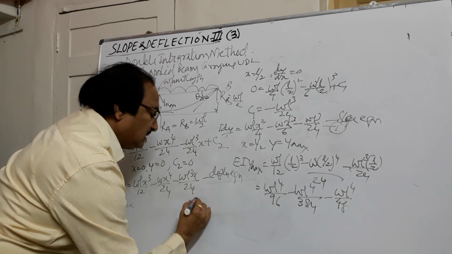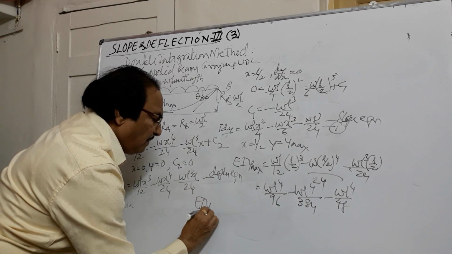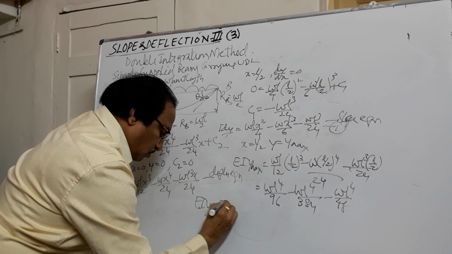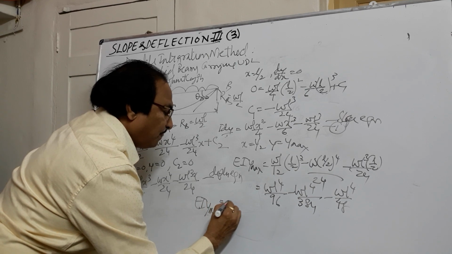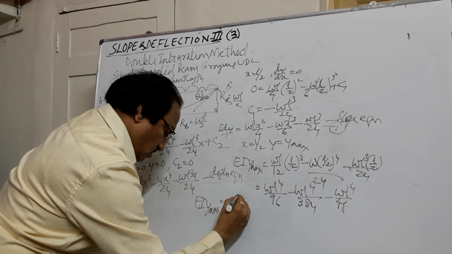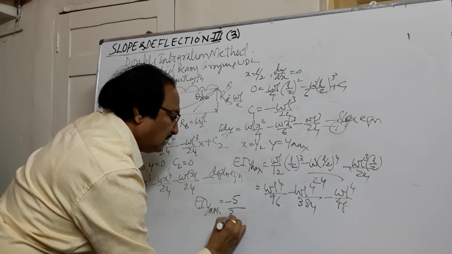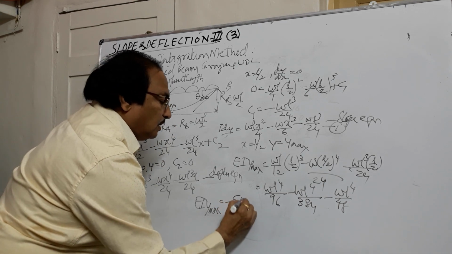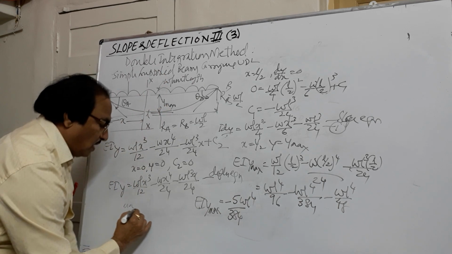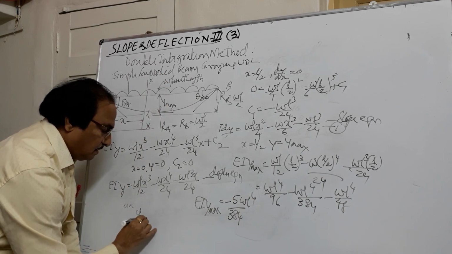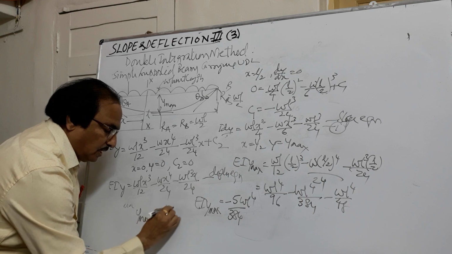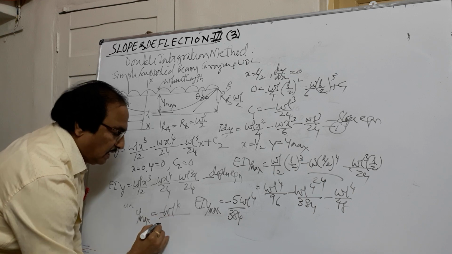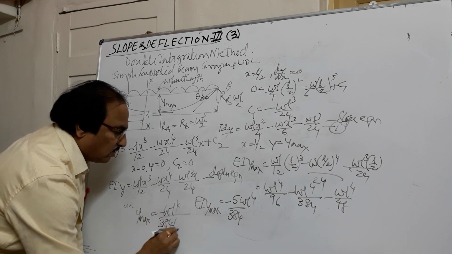If you find the LCM, you get EI y max is equal to minus 5 divided by 384 into WL raised to 4, or y max is given by minus 5 WL raised to 4 divided by 384 EI.